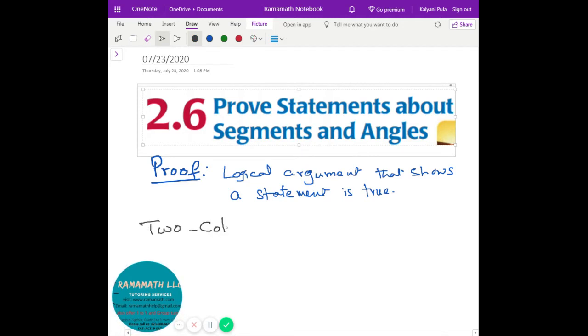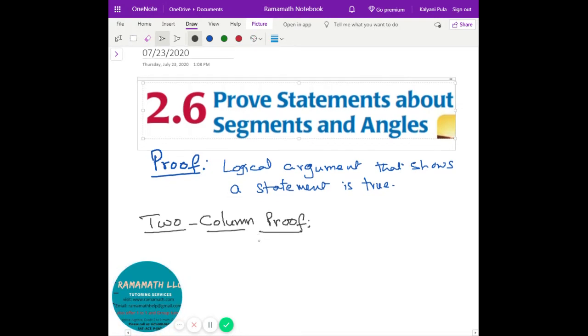And you will see this two-column proof a lot throughout geometry. So the two-column proof is like what are the statements we have and why it is true. We're gonna provide the logic behind that. Okay, so we're gonna do a couple of questions so it makes more sense to you.